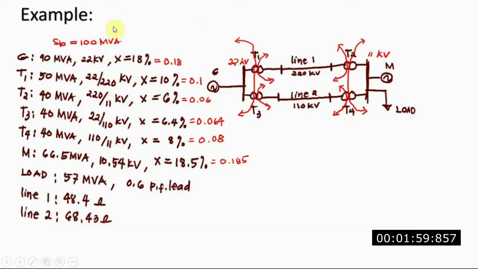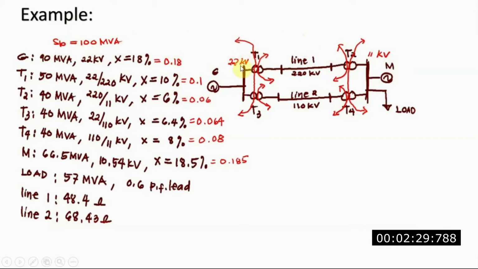Now for the voltage base, I also choose the voltage on the primary side of T1, which is also the voltage of the generator, 22 kV. The base voltage will change along the circuit system, but the apparent power base is constant. It will be used all throughout the system.